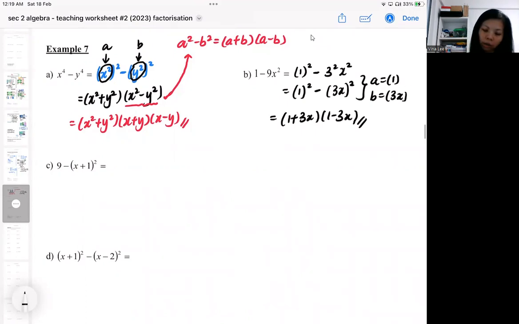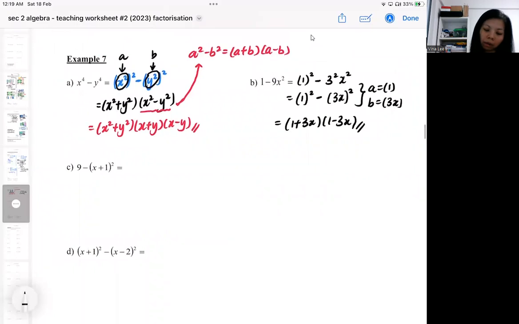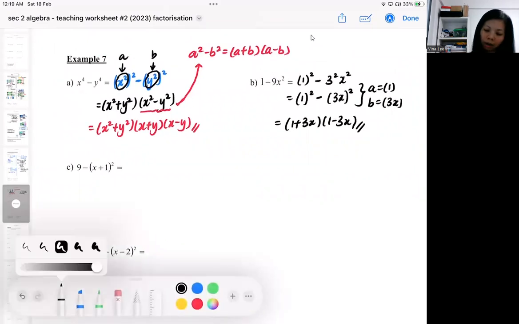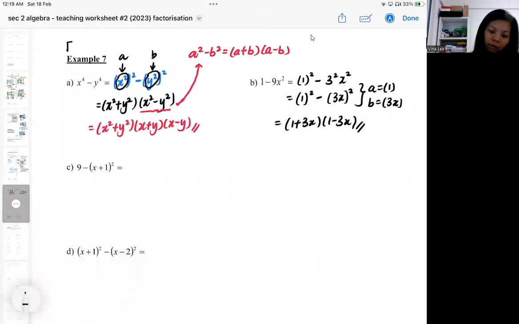The next two questions will be a bit more confusing. So we are doing a factorization in this question. So you focus on factorize. I will show you the correct answer first, and I will show you what students will actually give me. So 9 is a perfect square. X plus 1 is also a perfect square.